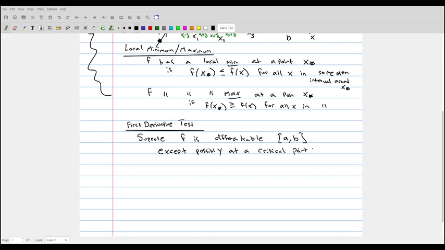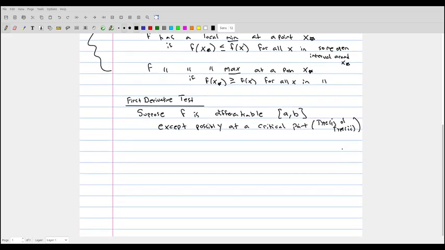This can be either a critical point of type 1 or of type 2. Remember, type 1 is where the first derivative is 0, and type 2 is where the first derivative does not exist.